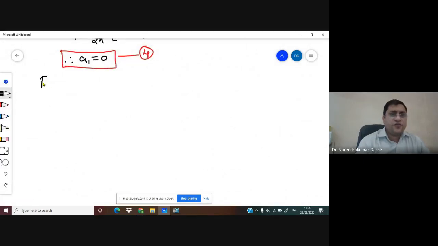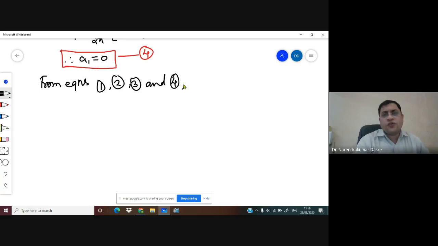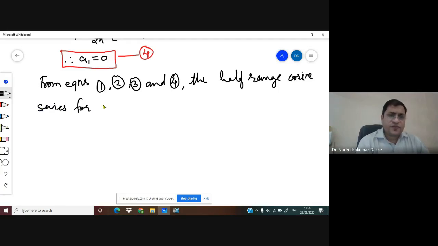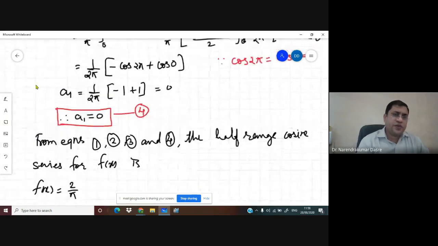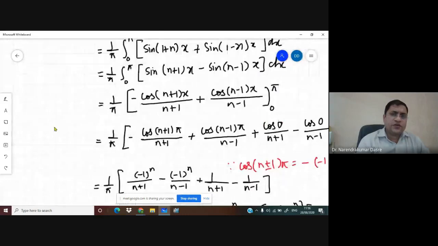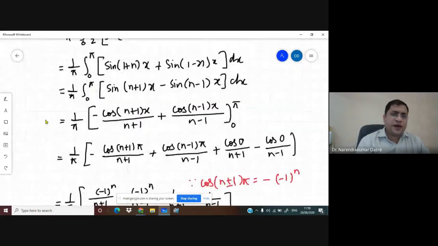So we can write from equations 1, 2, 3 and 4 the half range cosine series for f of x is equal to, what we know, this is 2 by pi, A0. Okay. So that's what we have. A0 is equal to 2 by pi.